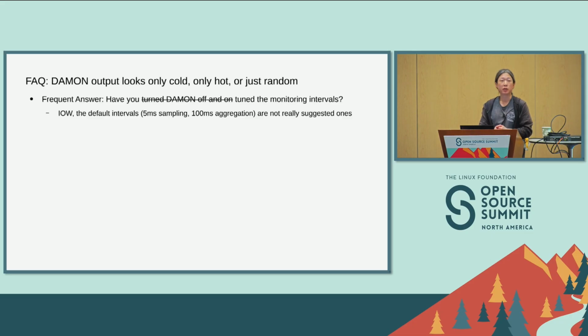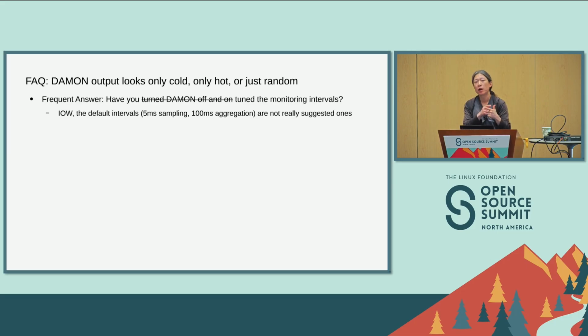That was the frequently asked question. And my frequent answer was, have you tuned the monitoring intervals? That is, at the beginning, with the fixed granularity and up to n access frequency monitoring schemes, we have introduced the sampling interval and aggregation interval.